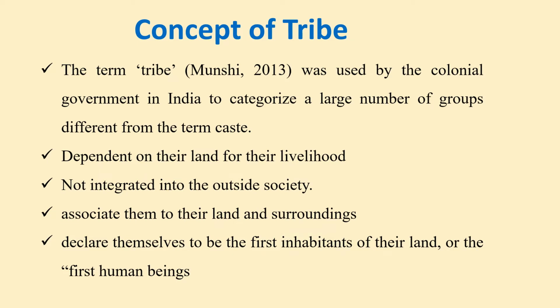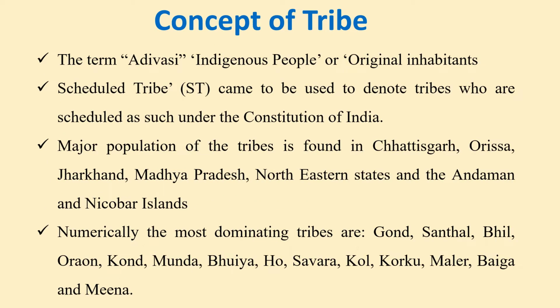So they proudly declare themselves to be the first inhabitants of this land or the first human beings. The term Adivasi is derived from the Sanskrit word which literally means indigenous people or original inhabitants of a given region.